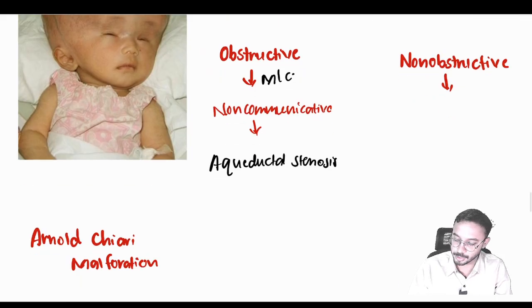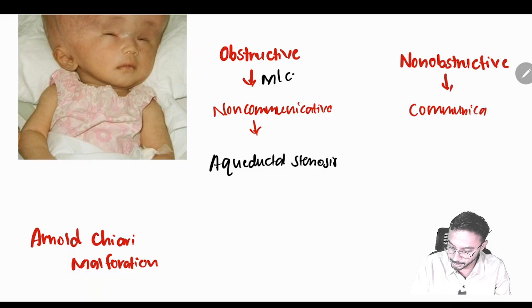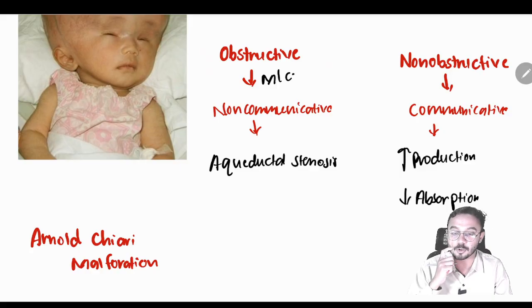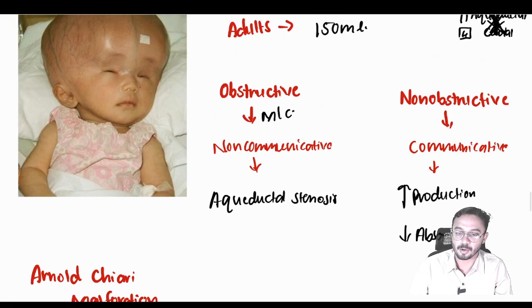The non-obstructive type is also known as communicating hydrocephalus. Here there is increased production and decreased absorption. We all know the CSF is produced in the choroid plexus and absorbed in the subarachnoid villi. So this is the problem in non-obstructive.